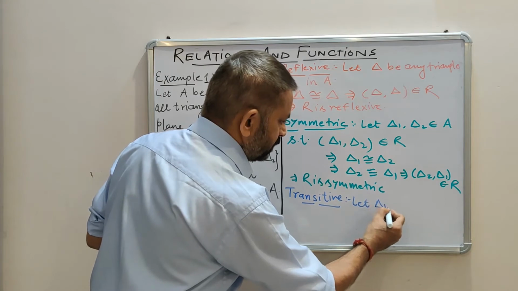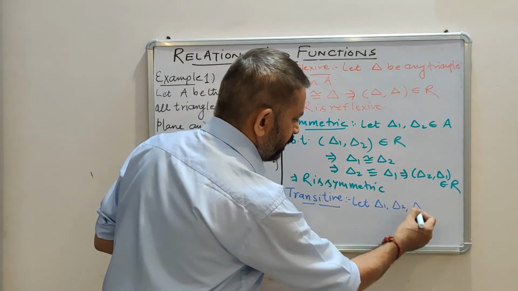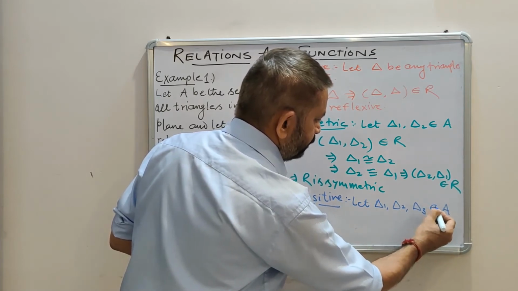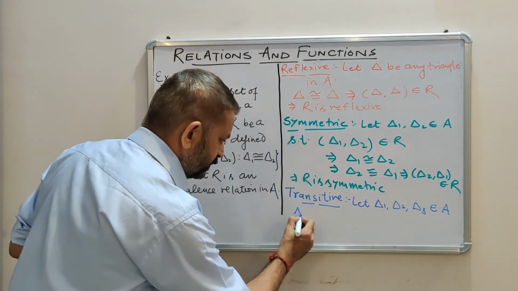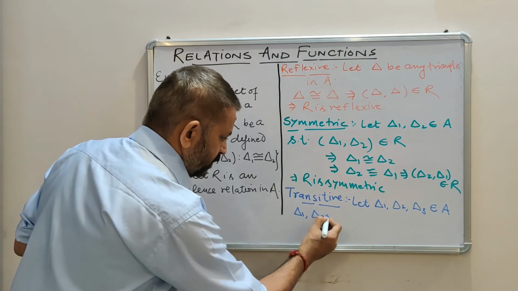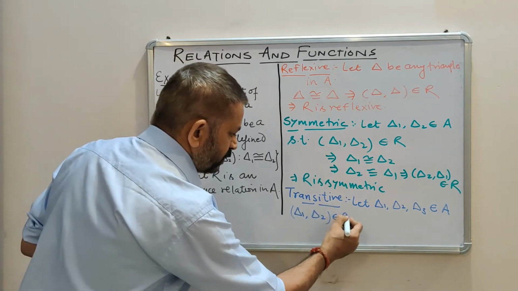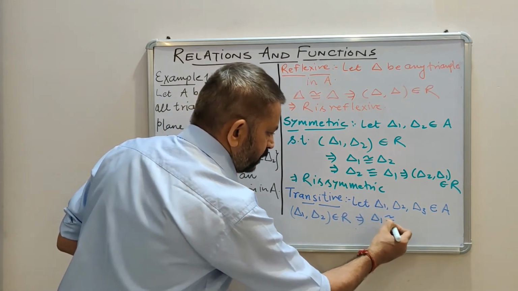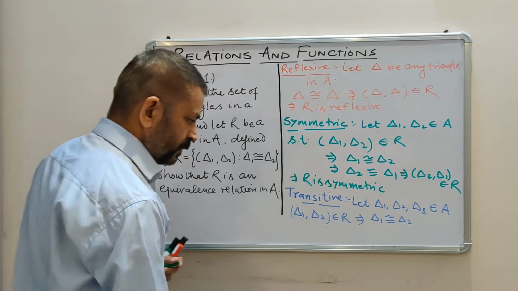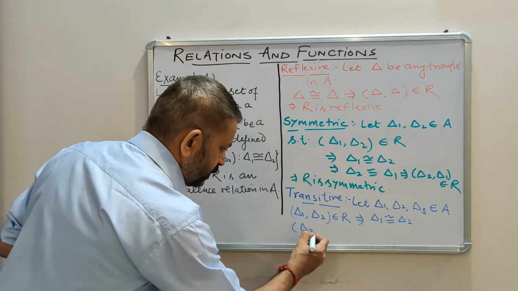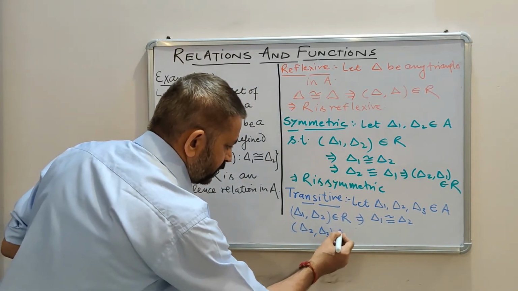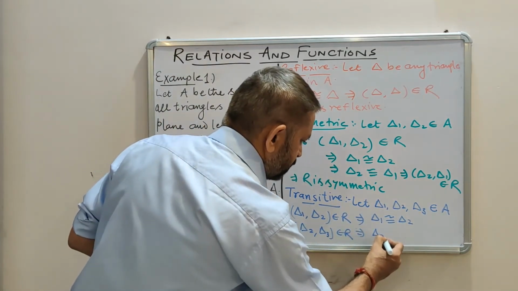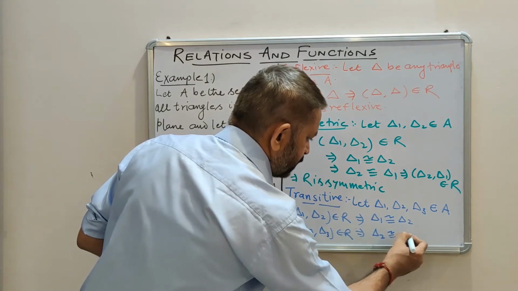Let Δ1, Δ2 and Δ3 are in A such that (Δ1, Δ2) belongs to R, it means triangle 1 is congruent to triangle 2, and (Δ2, Δ3) belongs to R. It means triangle 2 is congruent to triangle 3.